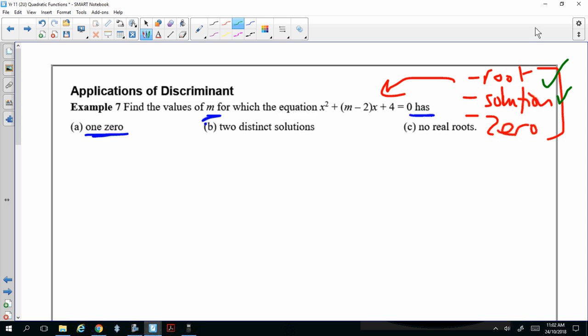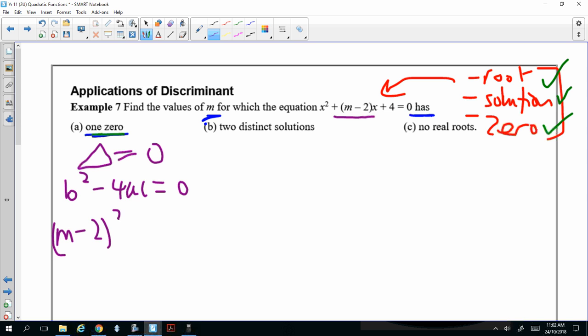So what will be the value of the discriminant? Discriminant will be 0. So you find the discriminant, b squared minus 4ac equal to 0. Does that make sense? Now you don't have to expand this because it's a perfect square.